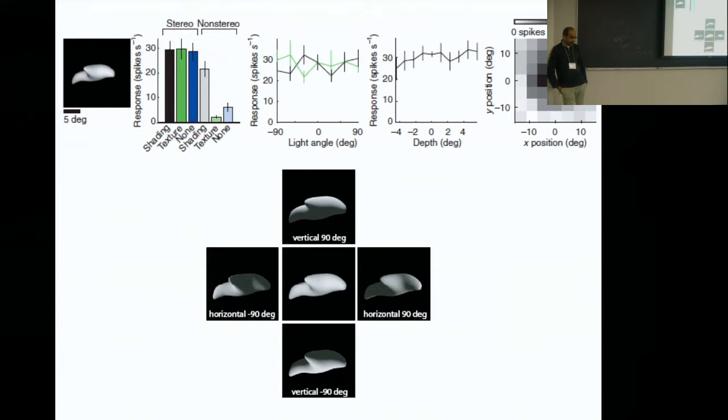We did just a texture. We had spots, so you had texture gradients. We did shading alone, and then we did the same things, but we added stereo. And whether there was only stereo or stereo with texture, stereo with shading, great responses. Even without stereo, shading does pretty well. We, on the other hand, identified a channel in TE which, to our surprise, was much more sensitive to really large-scale, scene-sized shape.